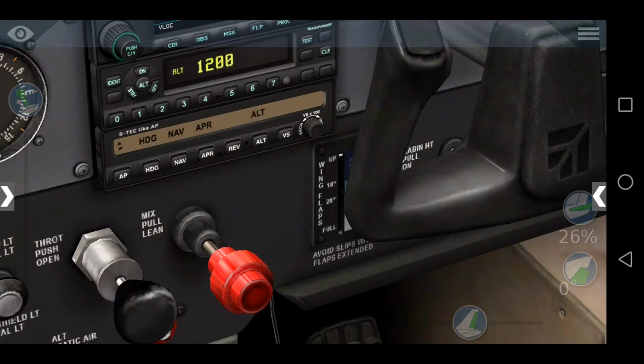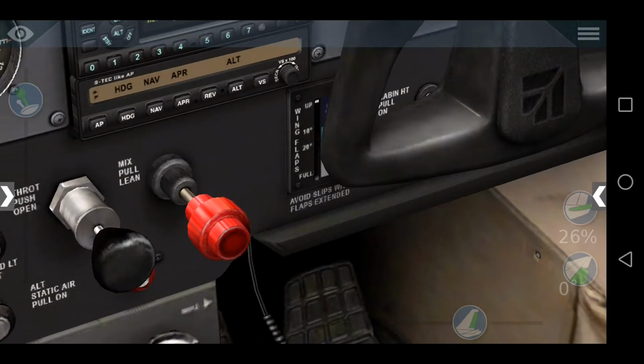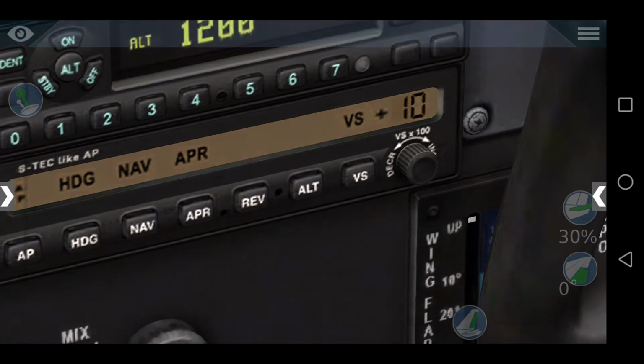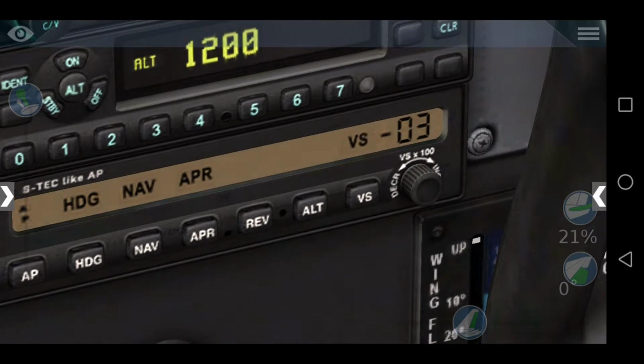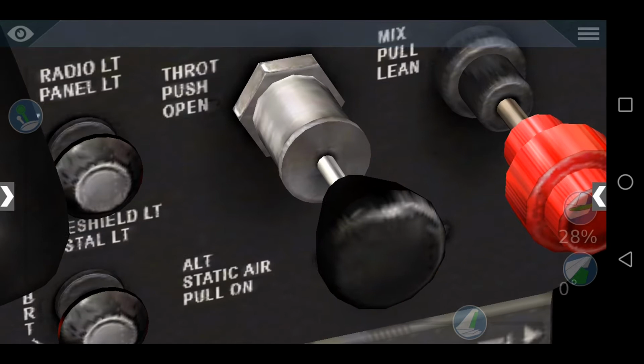So I'm going to start descending. I need to maintain the aircraft below the glide slope. Alright, I'm just going to select vertical speed and we're going to descend. Oops. And then I'm just going to reduce my power as well.